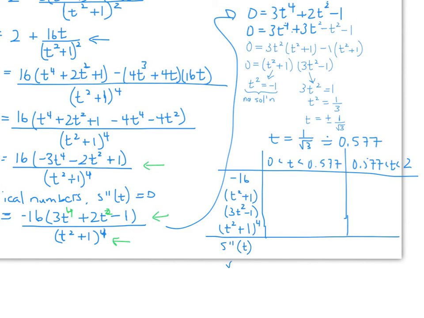And then that will give me a chance to see what the behavior of my velocity function is at that spot. So you can pick values and check them there. I picked 0.5 for the first one, and then I picked 1 for my second one. Then I stuck my values in. Negative 16 is negative 16 no matter what.